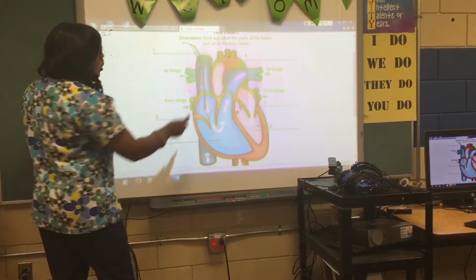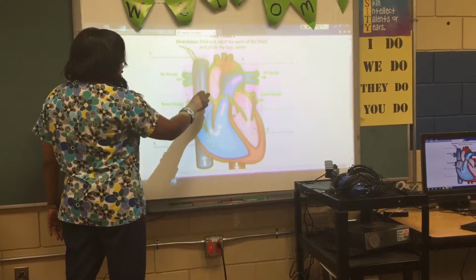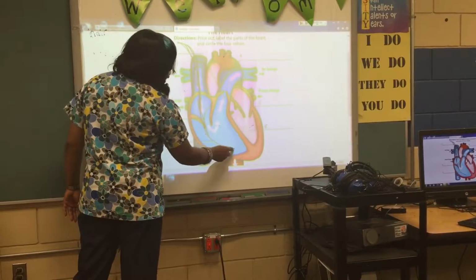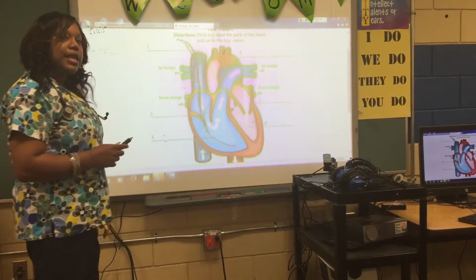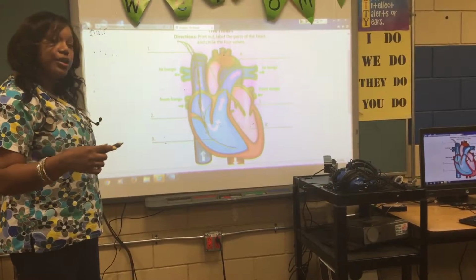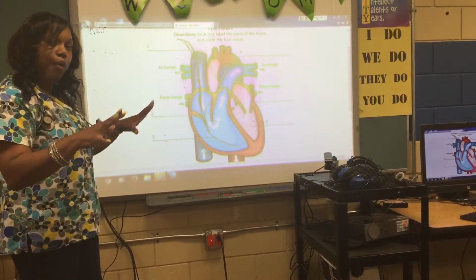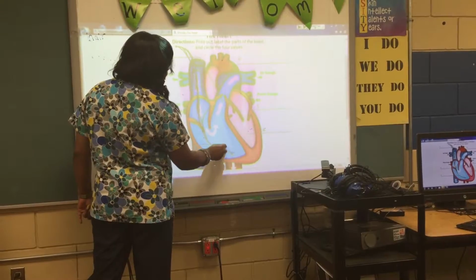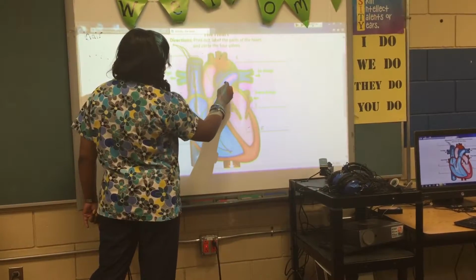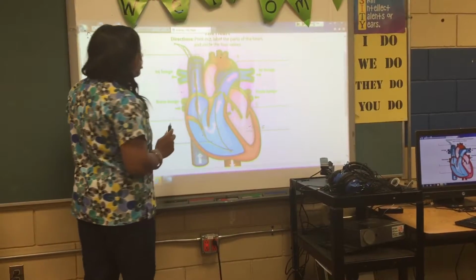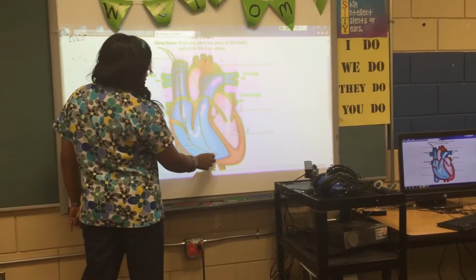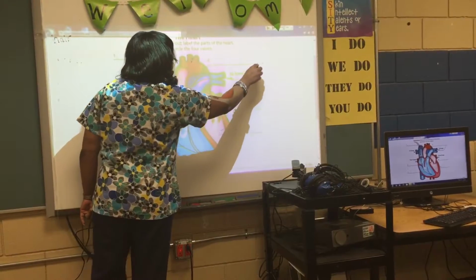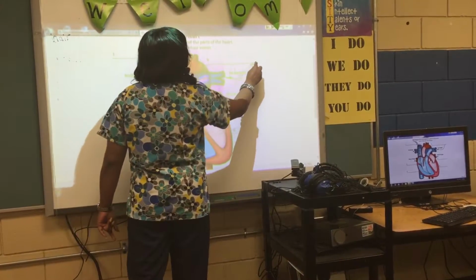Okay, so the blood that's coming in goes into the right atrium, down into the right ventricle. Now the ventricles, I remind you, are like the pumping power. So the right ventricle pumps that blood back out through this artery right here, and this artery is called the pulmonary artery. It pumps it through the pulmonary artery back out, and I'm going to draw a little image here of the lungs.